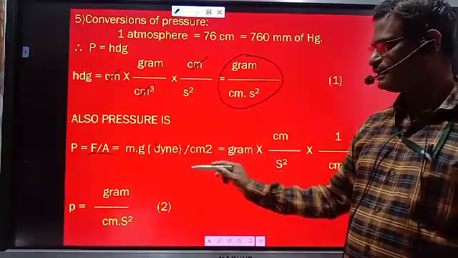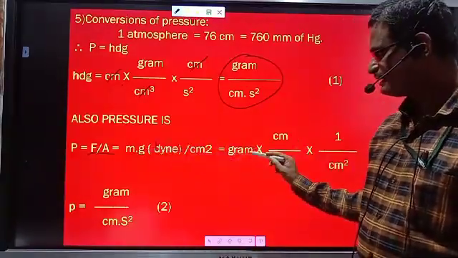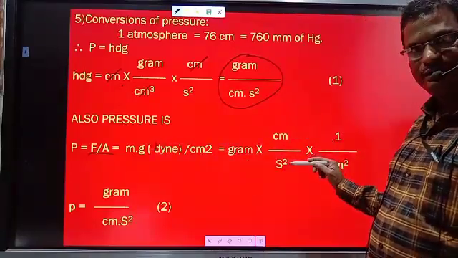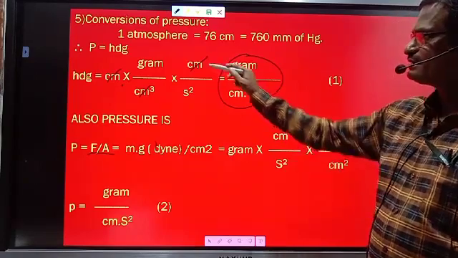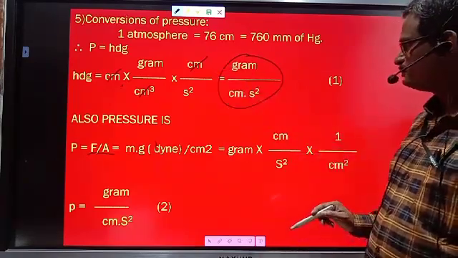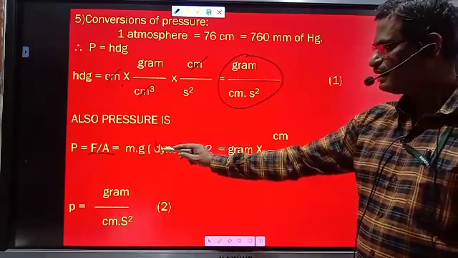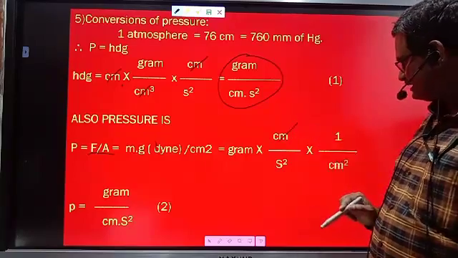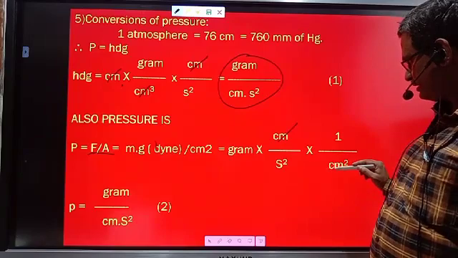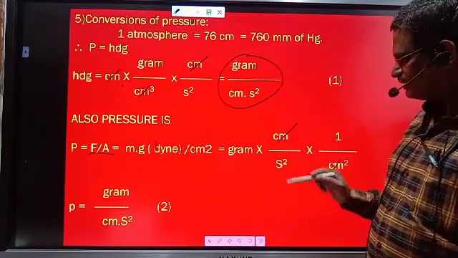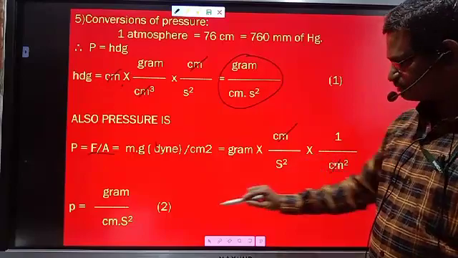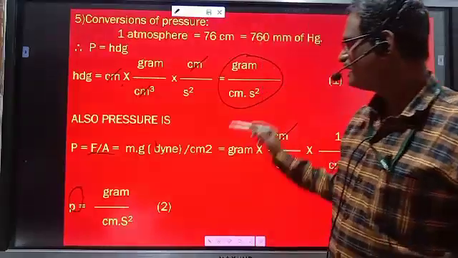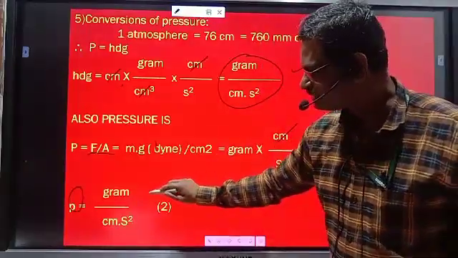Solving, mass in gram multiplied by acceleration in centimeter divided by second square, then divided by centimeter square. The centimeter cancels, so we get gram divided by centimeter second square. This is also pressure.